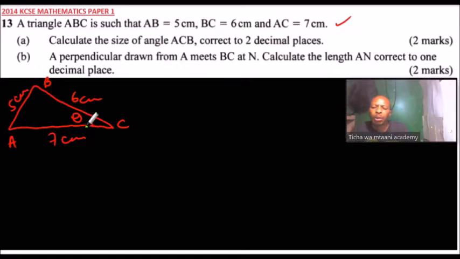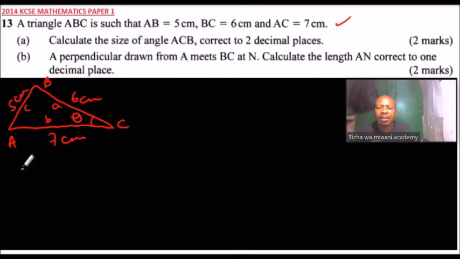For you to be able to get this angle, given the three sides, you can apply the cosine rule. The cosine rule, what we do is, we have this vertex A, we label the opposite side small a, this side small b, and the side opposite to C is small c.